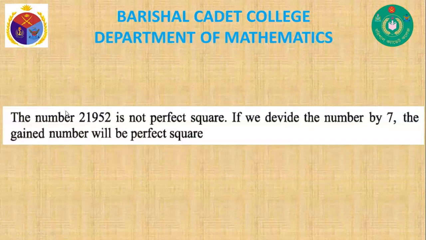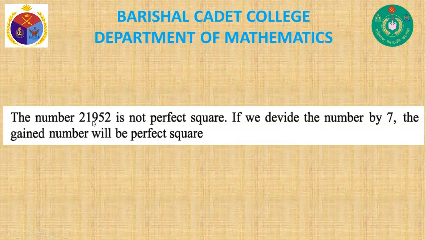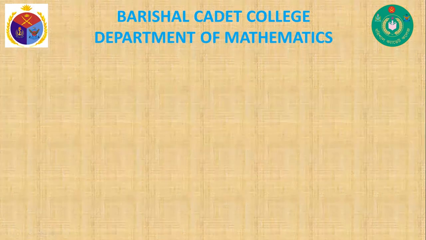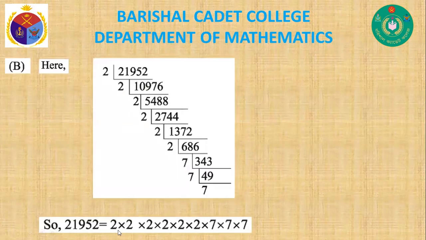So the number 21952 is not a perfect square. If we divide the number by 7, the new number will be a perfect square. Why is this? You see, this one is 2, 2. This one is a pair. This one is another pair.